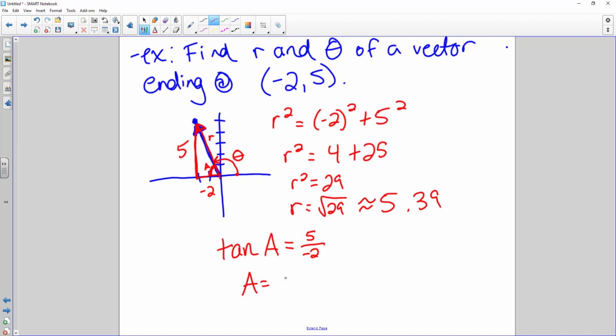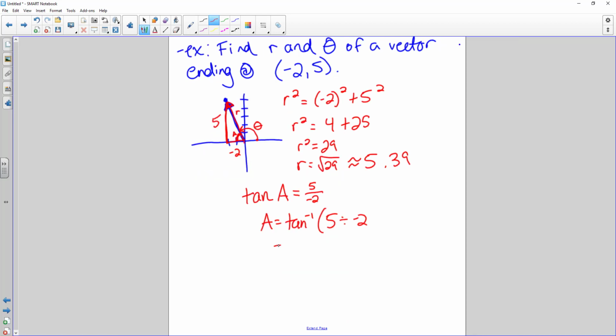So when I do tangent inverse of 5 divided by -2, I'm getting -68.2 degrees.